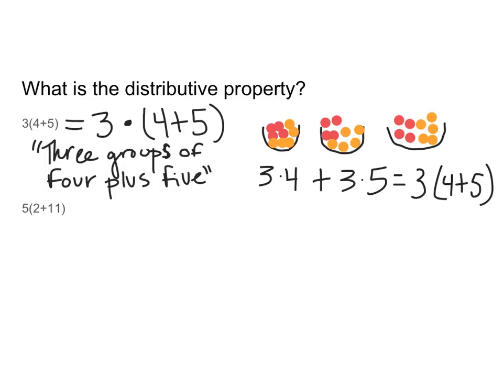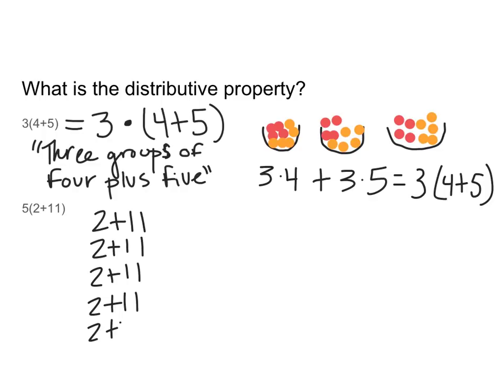If we take another example, 5 times 2 plus 11, we know that's the same as saying 2 plus 11, 5 times. Those are like our 5 baskets of 2 plus 11. So that's the same as saying 5 times 2 plus 5 times 11.